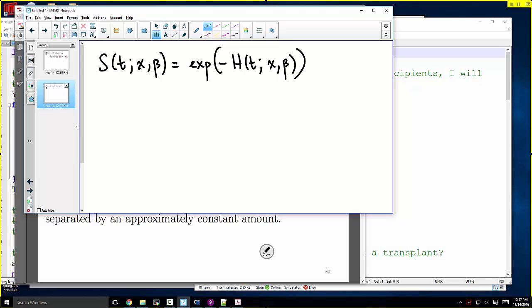So if I have a Kaplan-Meier estimator, S hat, I can say that that's an estimate, at least, of this quantity.